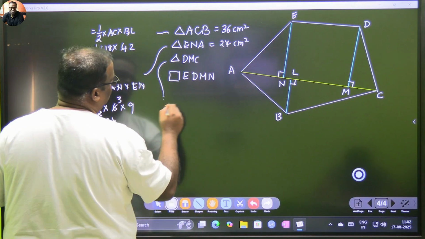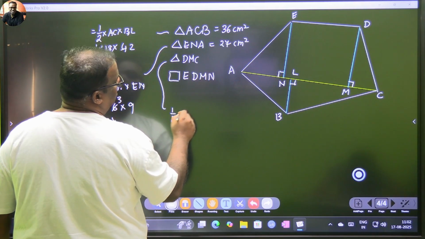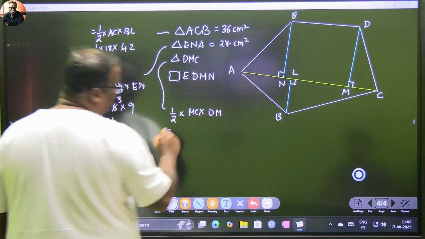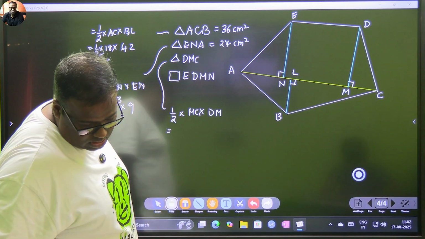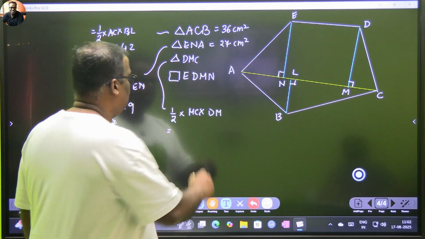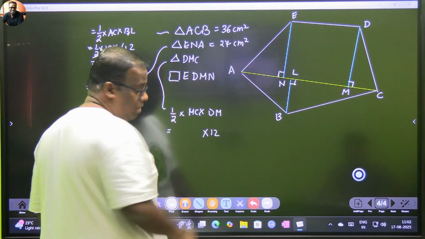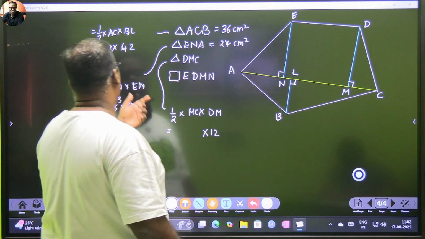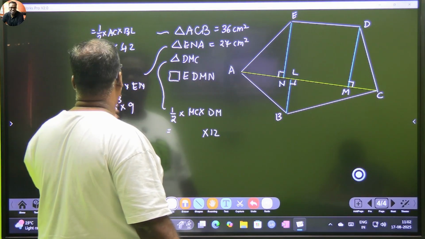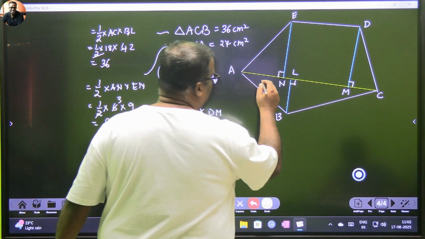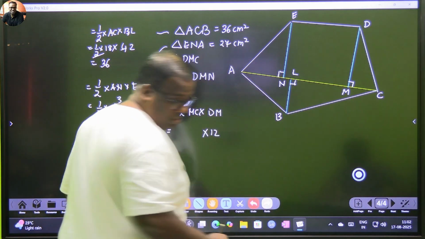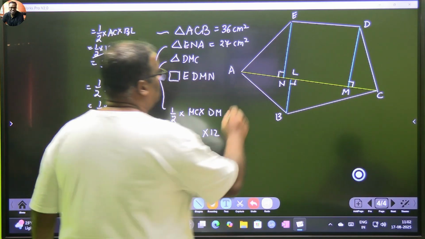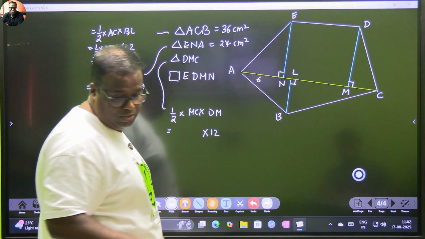Now let's work out DMC. DMC will be half into MC into DM. So what all data are given? DM is 12, right? And this is not given, but we know the value of AN. AN is given as 6, and AC's value is given to you.